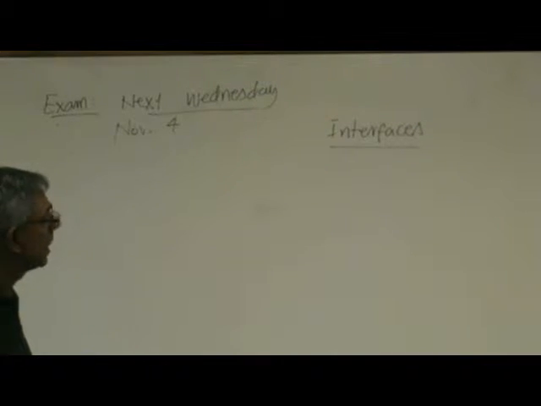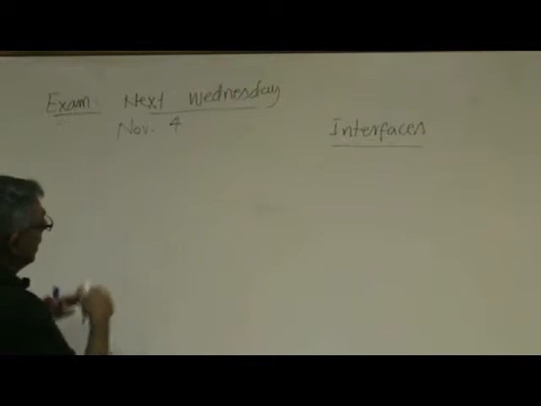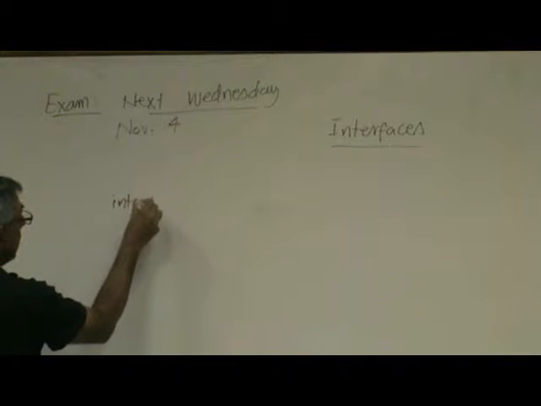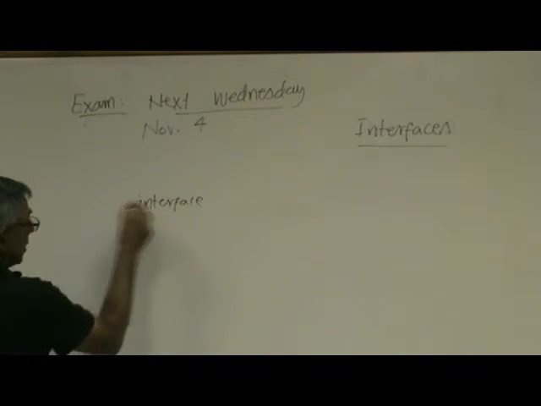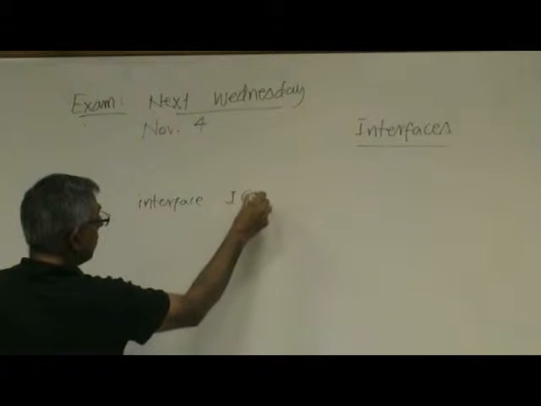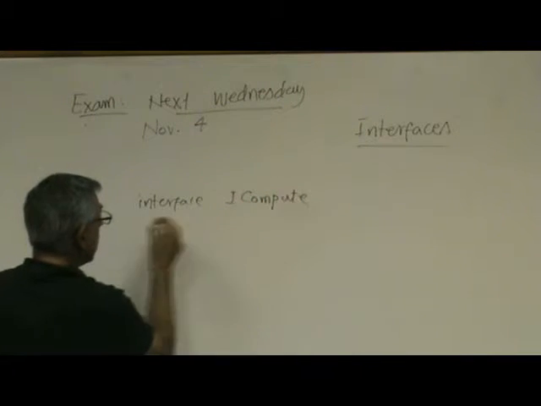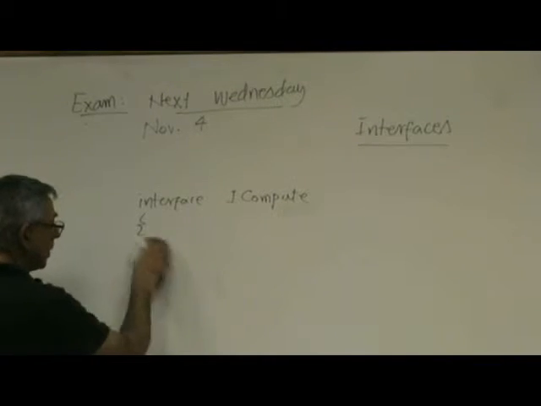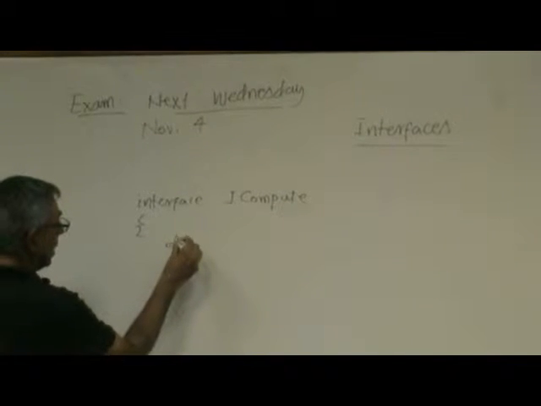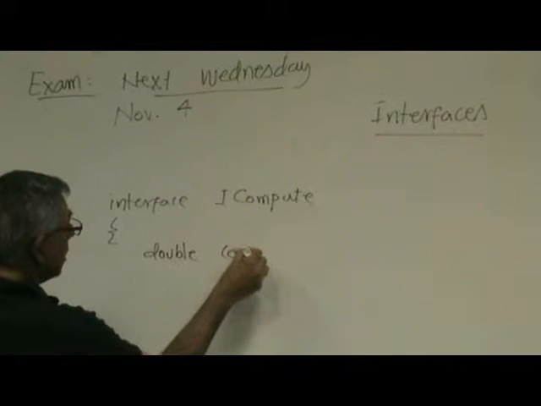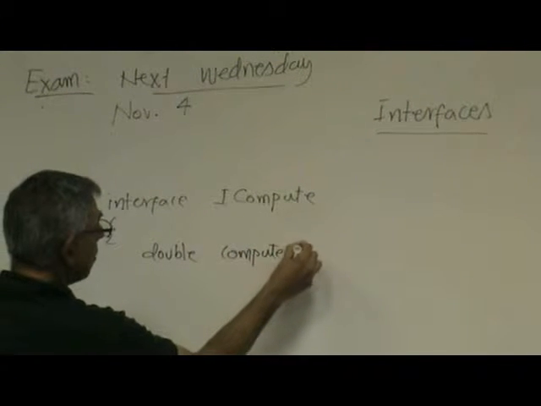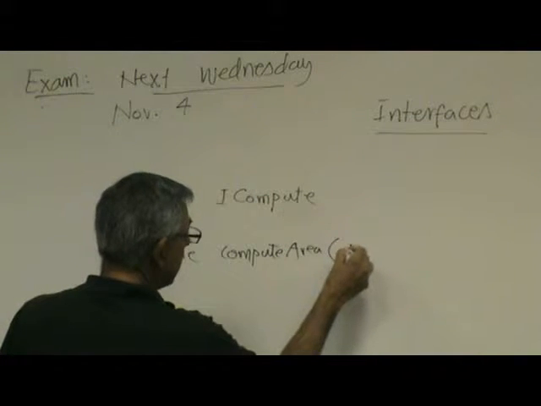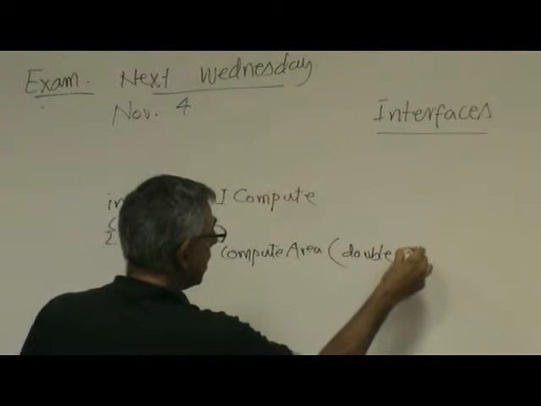And the benefit is, especially in a team environment, if you already created an interface, so let's say ICompute or whatever, and you defined a few methods, for example, double ComputeArea or whatever, and double radius, for example.